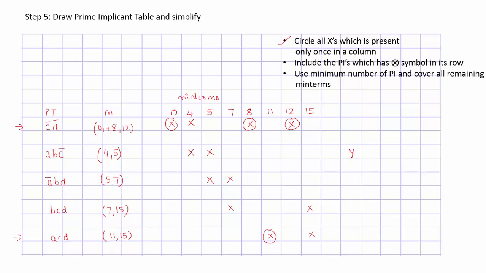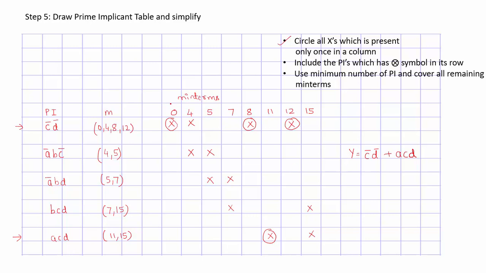So your output expression must have these prime implicants, that is C bar D bar and ACD, because there is no other way you can cover these minterms without selecting these prime implicants. So you have to select C bar D bar and ACD in order to cover 0, 8, 11 and 12.